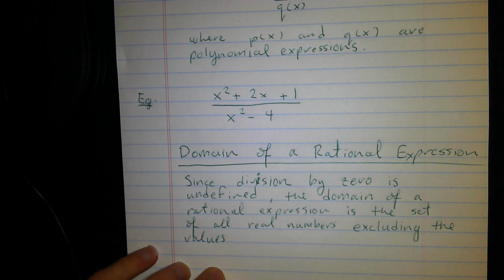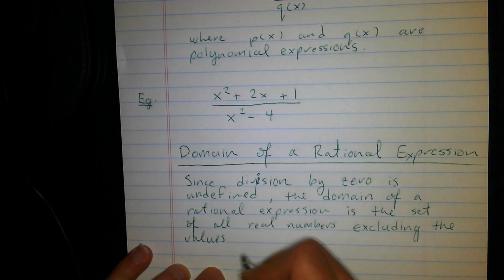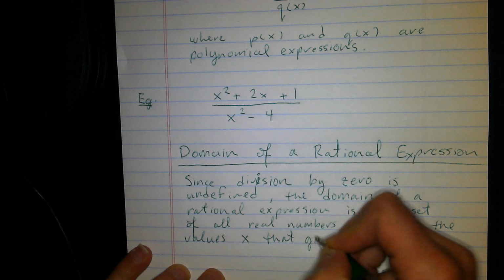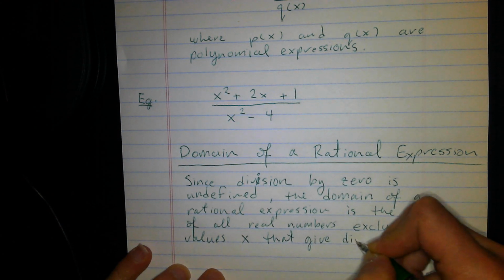If it was a rational expression in the variable y, we would say that we're going to exclude the values of y. So excluding the values of x that give division by 0.